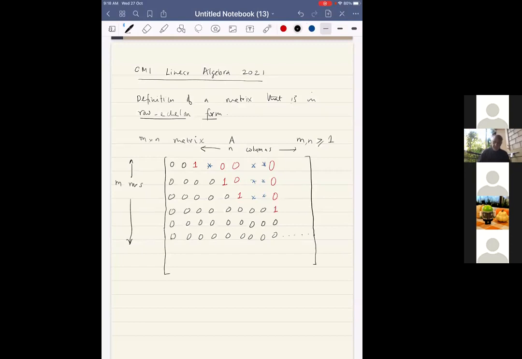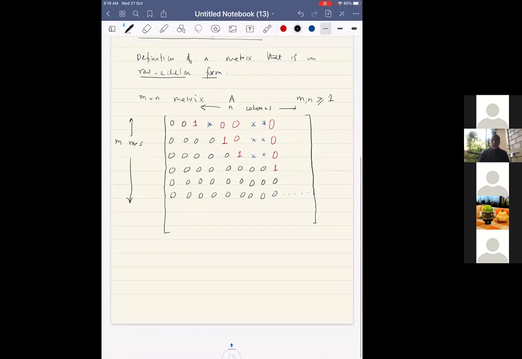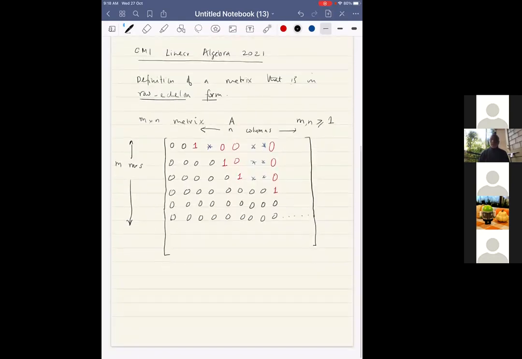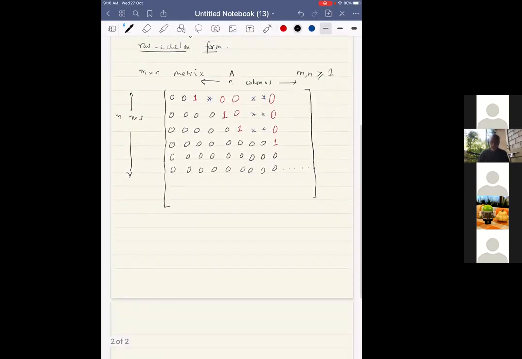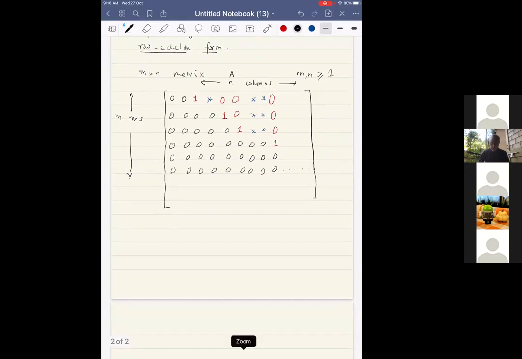Okay, so it has the following shape. So what do I mean by the following shape? So now let me just set out the rules. When is a matrix in row echelon form? So here are the rules.